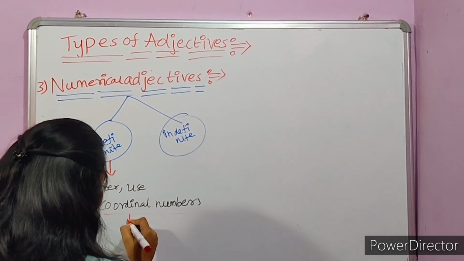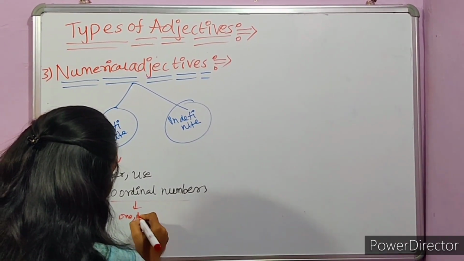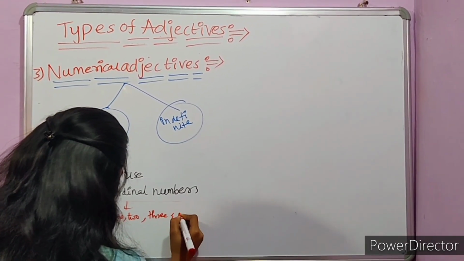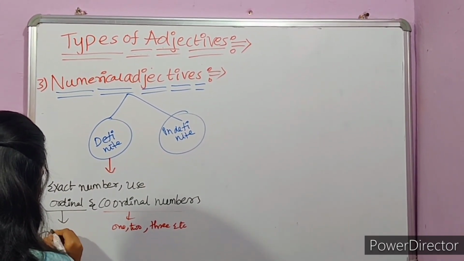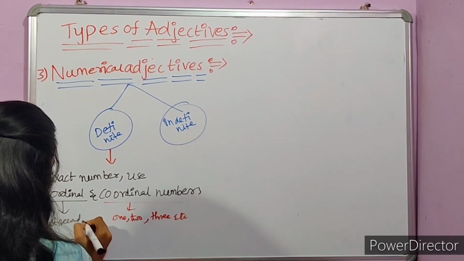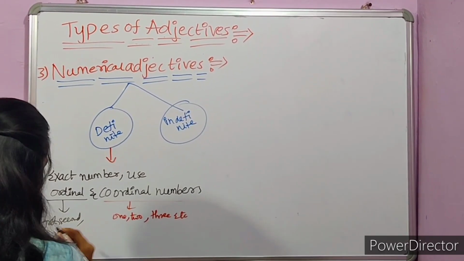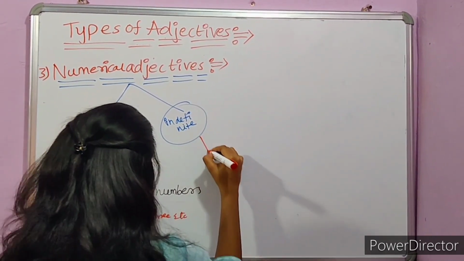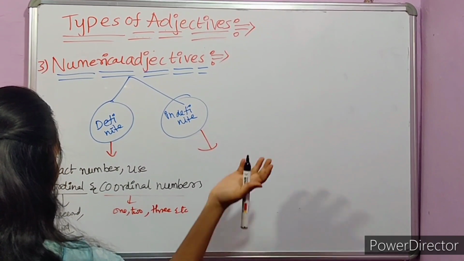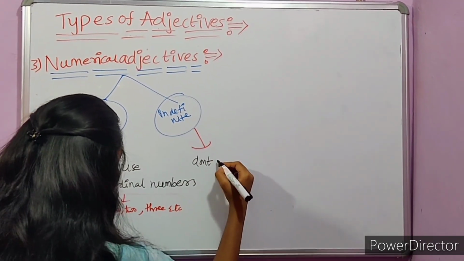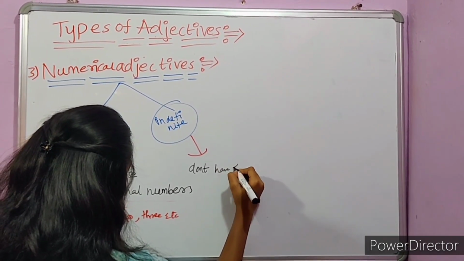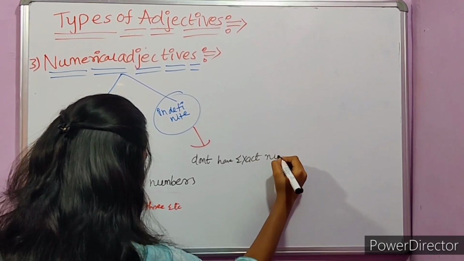Cardinal numbers are 1, 2, 3, etc., and the ordinal numbers are first, second, third.